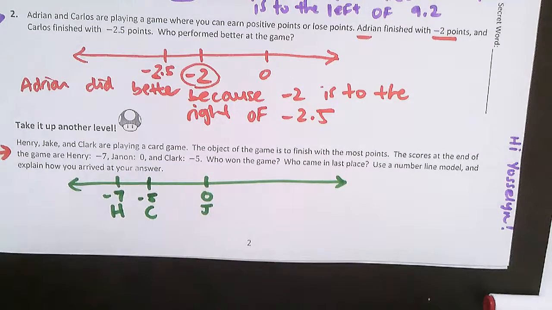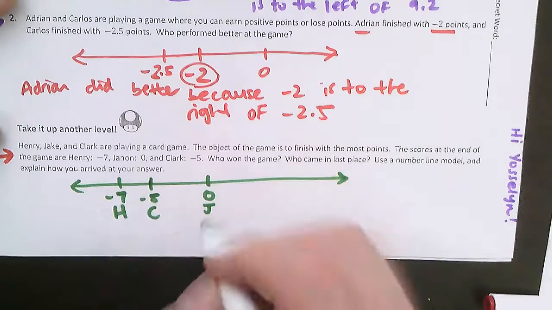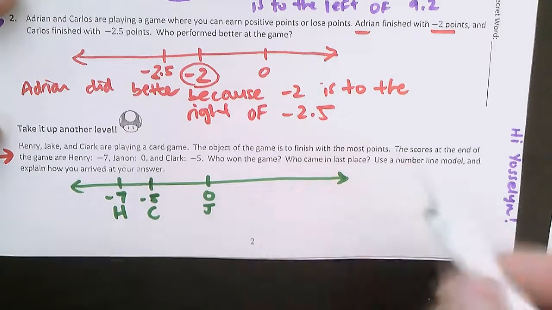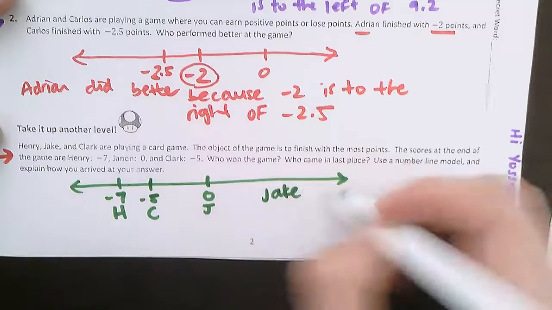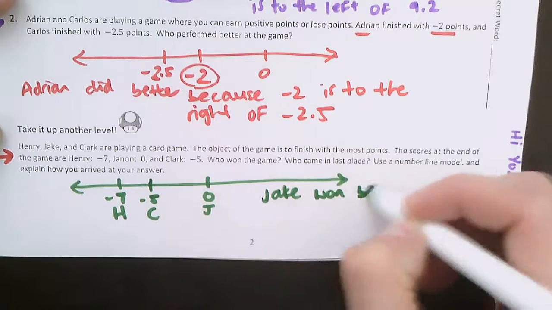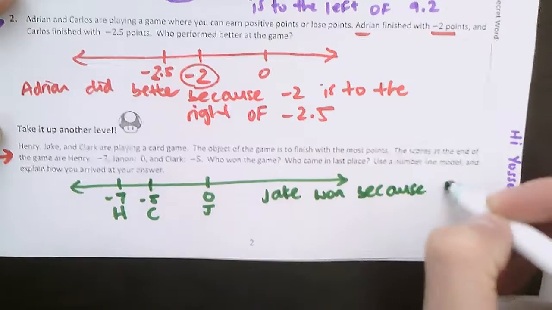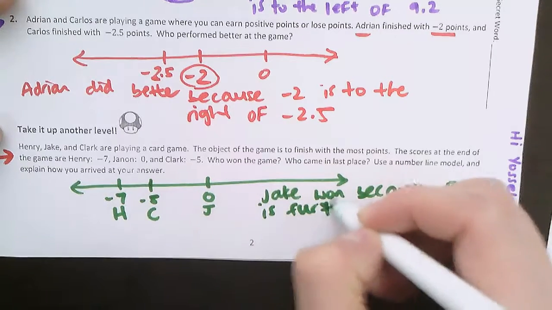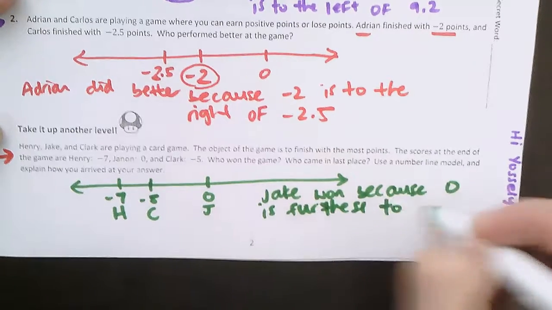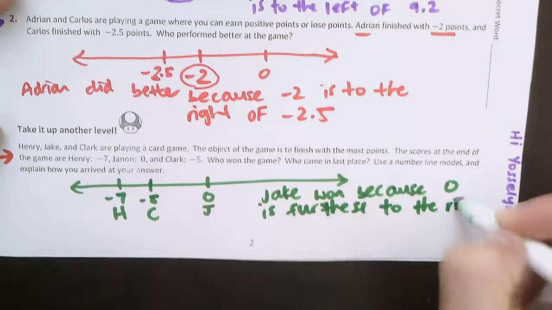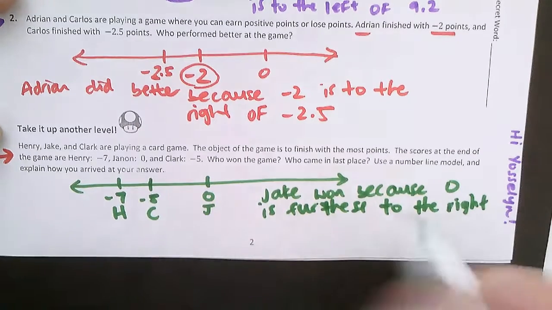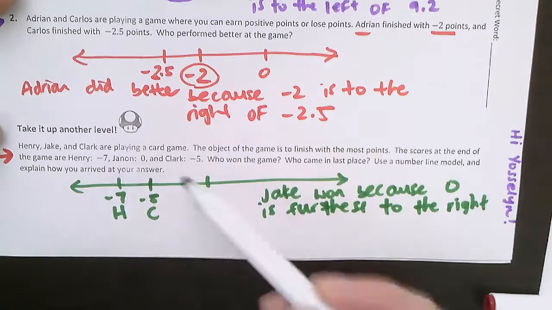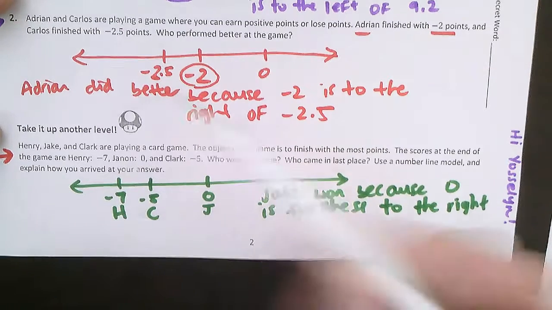And so it asks me who won the game. I would say that this one's furthest to the right. That's the greatest, J for Jake. So I'd say Jake won because 0 is furthest to the right. And then who came in last? Well, last would be least, so furthest to the left. That's H for Henry.